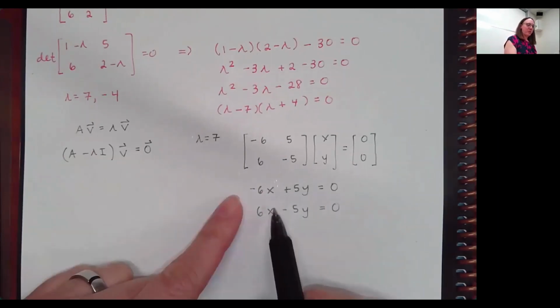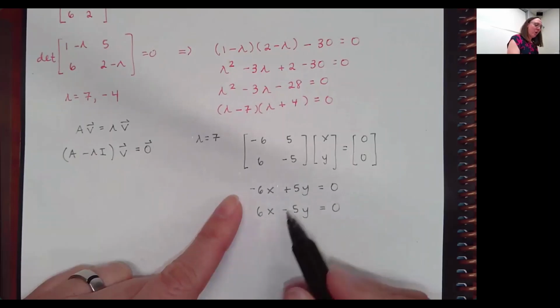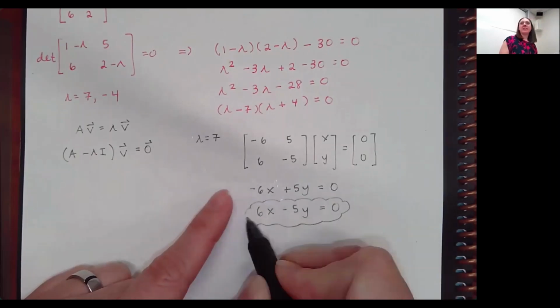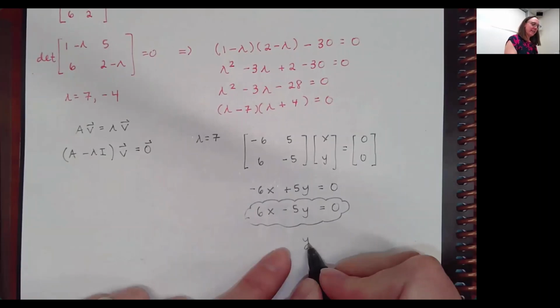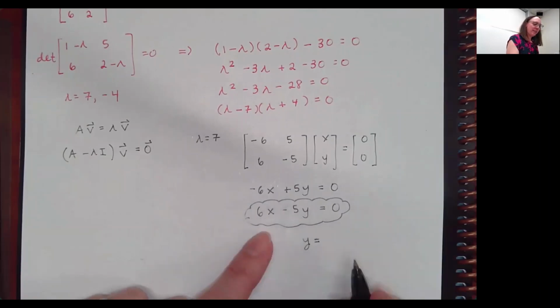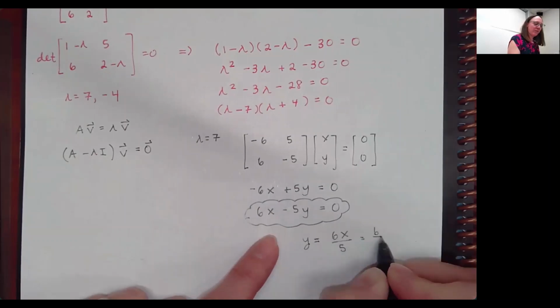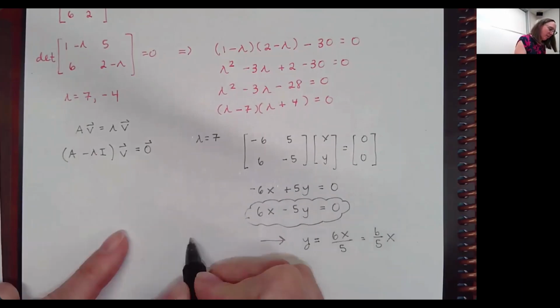Couple of different options for how to proceed, but given some of the web work homework, I'm going to proceed by saying all of my vectors live on this line. So the equation of that line, if I rearrange that, would say y is equal to 6x divided by 5, or 6/5 x. And that's the actual equation of the eigenline.